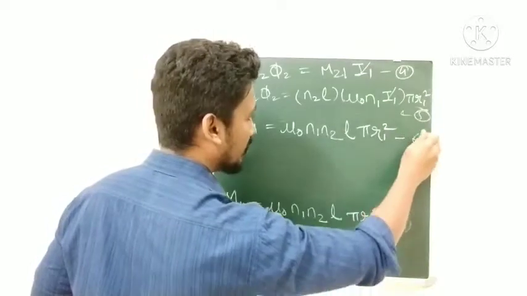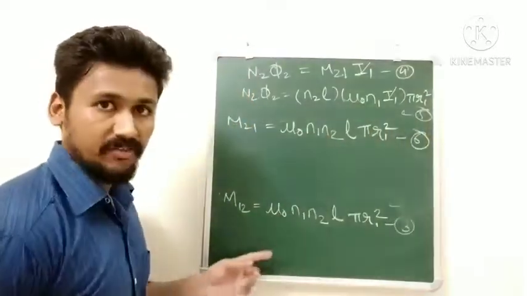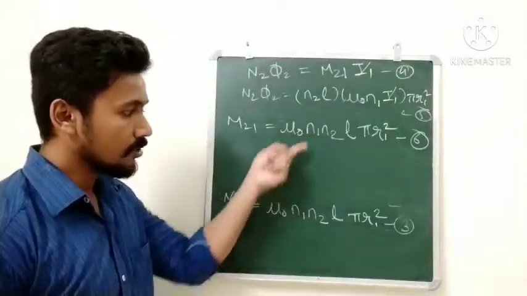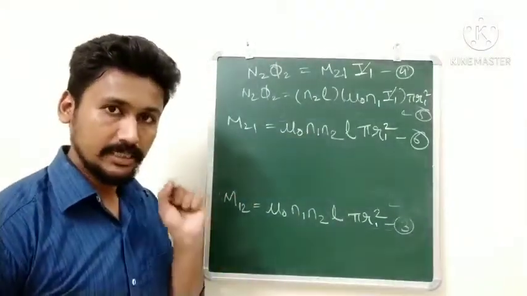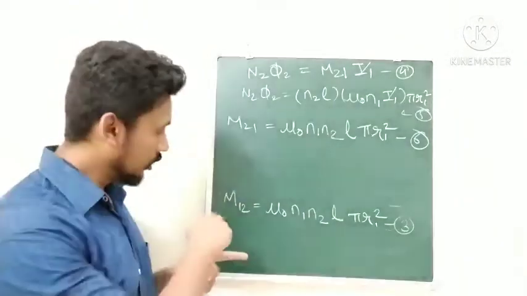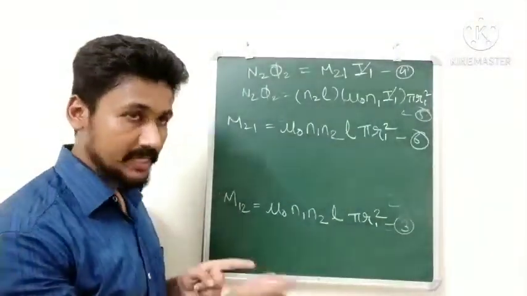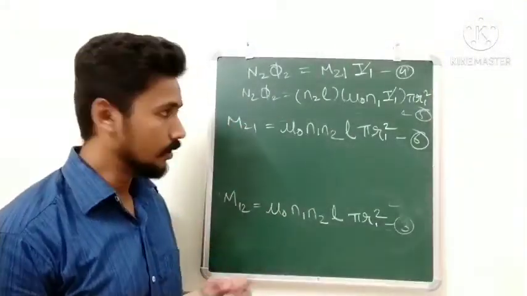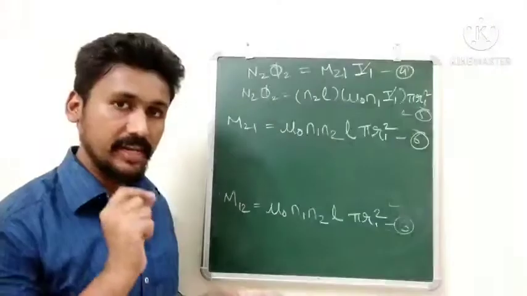Let us call this equation number 6. And if you compare M21 and M12, you will notice both of them are exactly the same. So mutual inductance in coil 1 due to coil 2 is the same as mutual inductance in coil 2 due to coil 1. Now this looks very nice and very convenient.